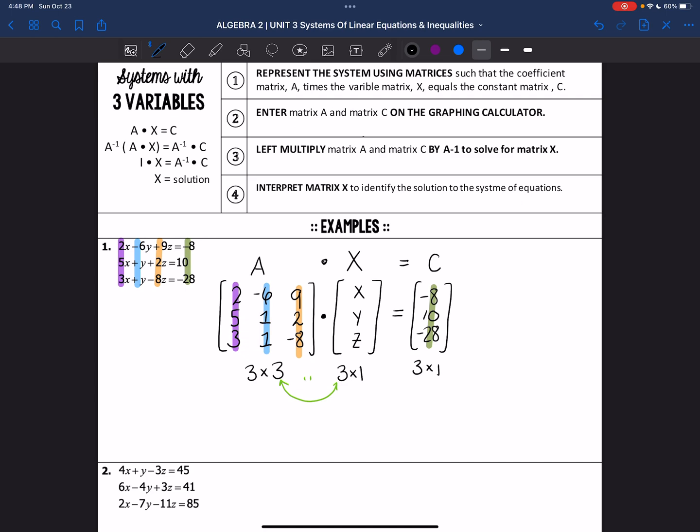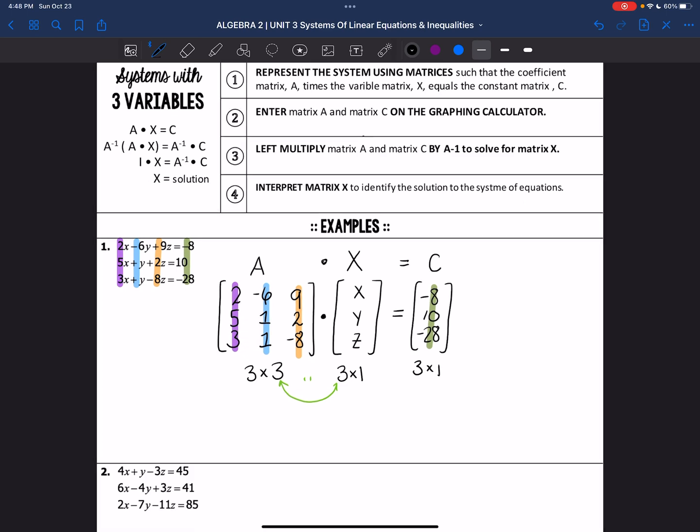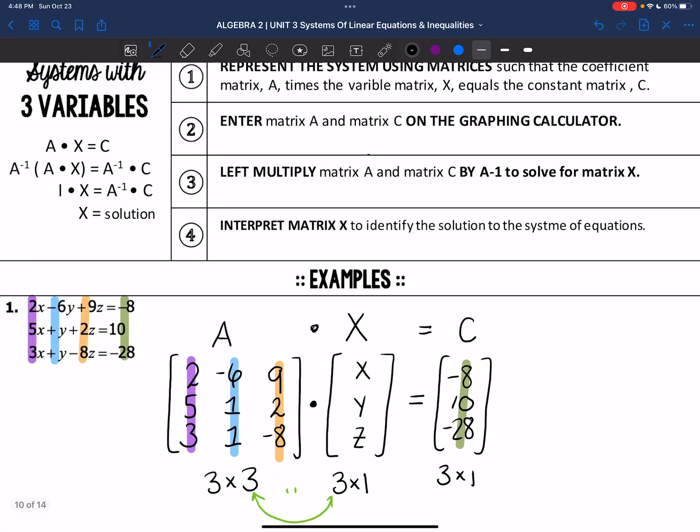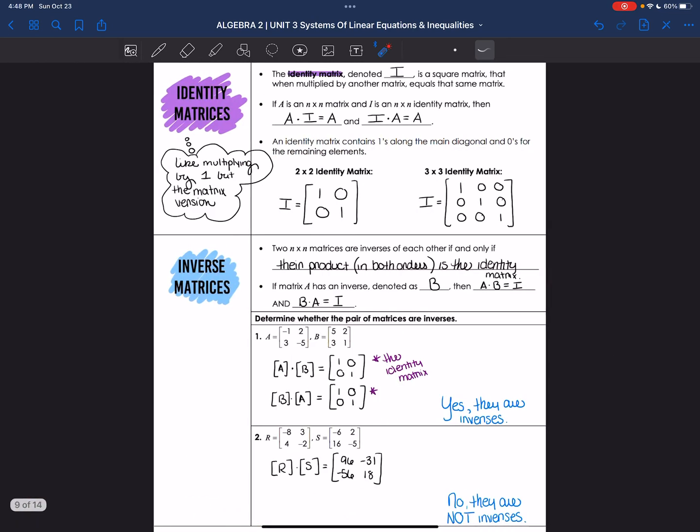Because here's what happens, ladies and gentlemen. Focus in right up here with me. When we multiply by the inverse of A, those are opposite operations. When you multiply a matrix and its inverse, what does it always give you?